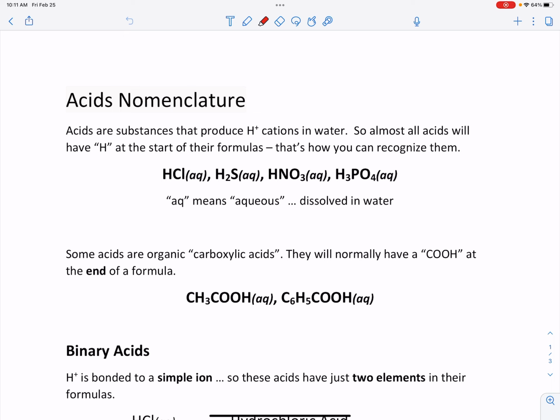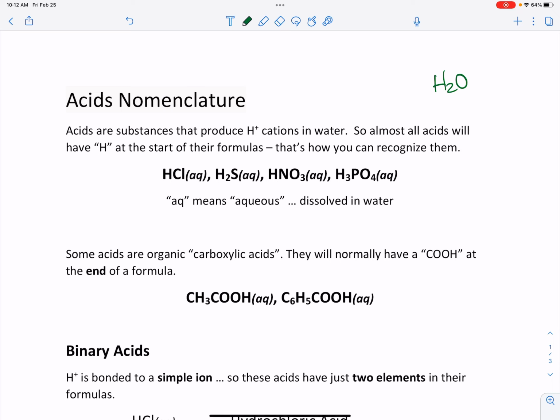So because of that, acids will almost always have hydrogen at the start of their formula. There are a few exceptions to that, as you'll see in just a moment, but usually if you see a compound with hydrogen at the start of the formula, that is an acid. Of course, one very common exception to that would be water, H2O.